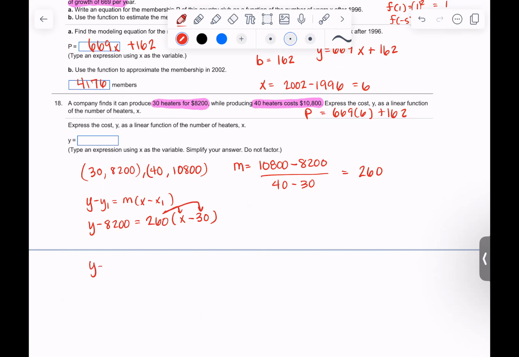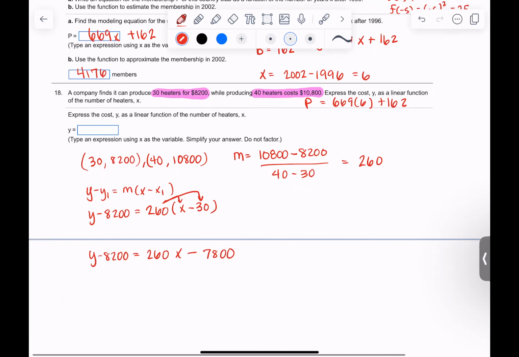So we have y minus 8,200 equals 260x minus, what's 260 times 30? I get 7,800.